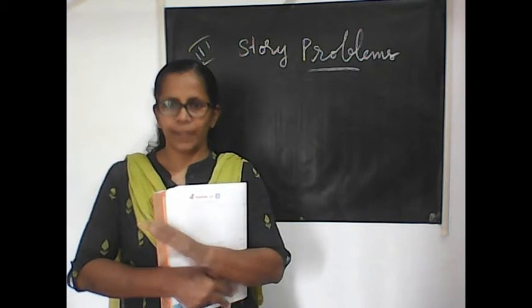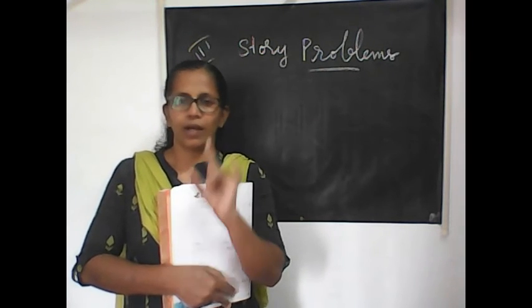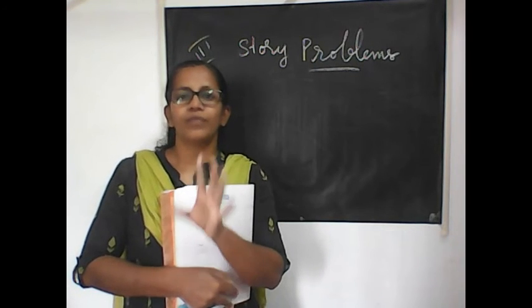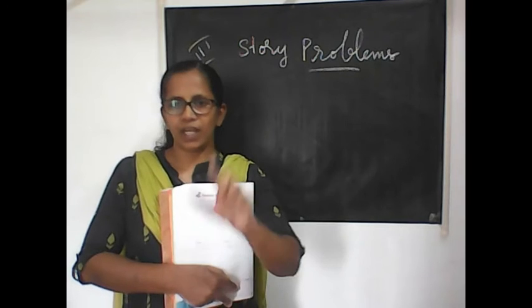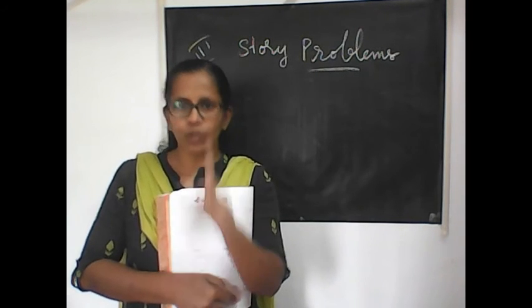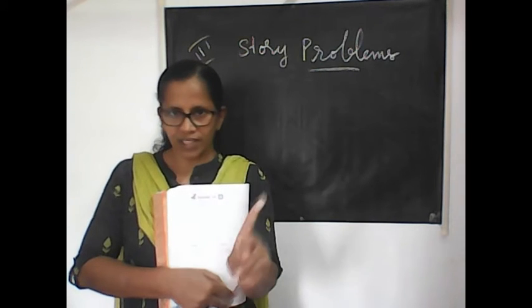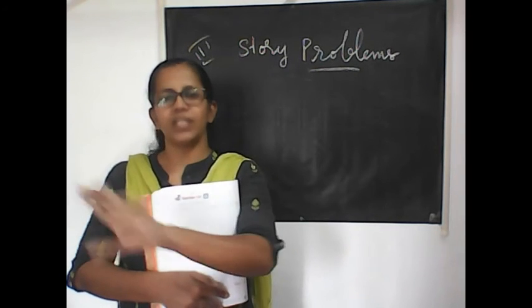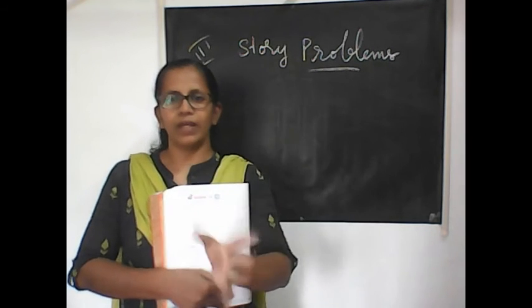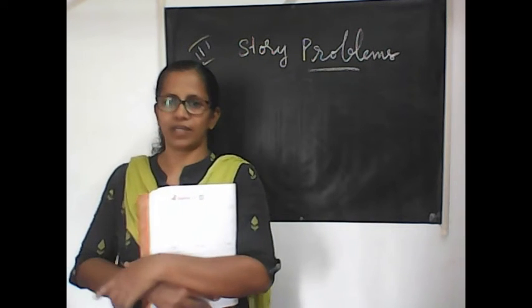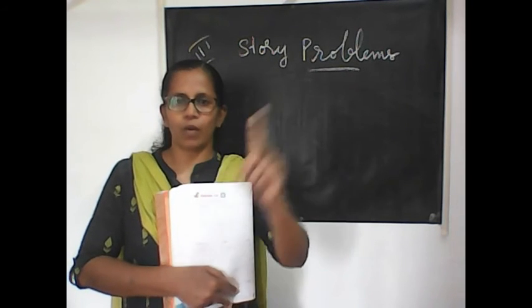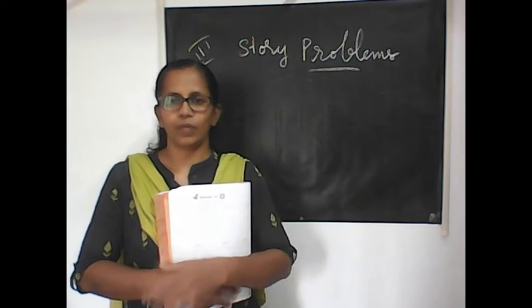Clear? Just like in the question, the cost of a pen is 10. Find the cost of 15 pens. They have given the cost of 1 pen, and you are asked to find the cost of 15 pens. 1 is given, you have to find 15. That is multiplication. Always 1 will be given, and you have to find the more. In a division question, 15 pens cost rupees 1000.